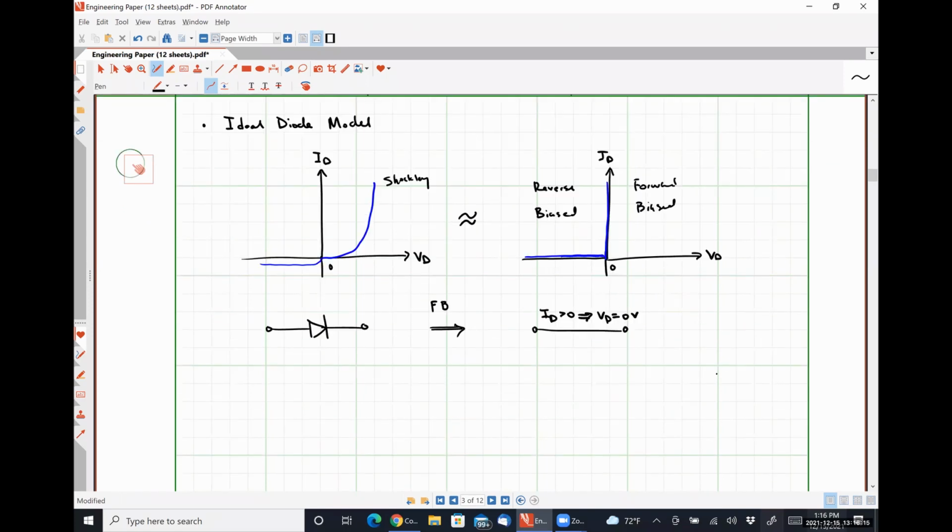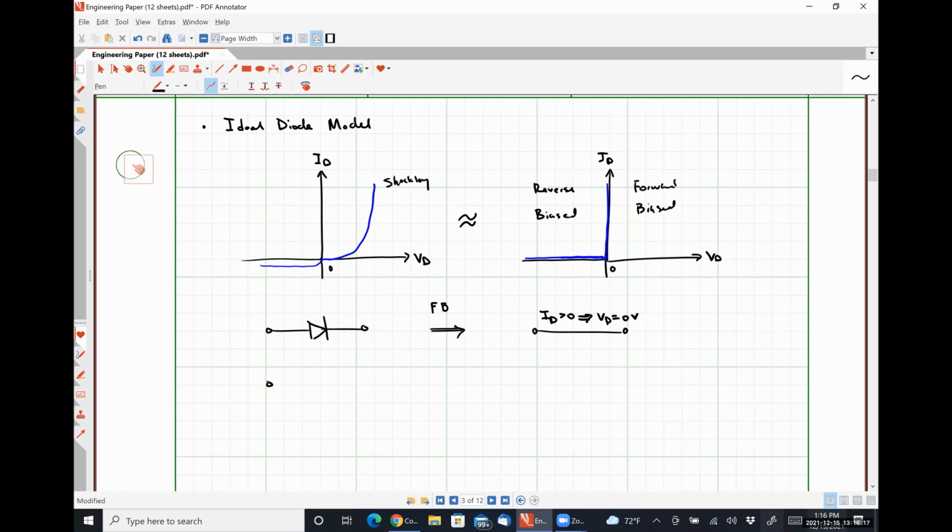And under reverse bias conditions, we use an open circuit. So we're saying that VD, our diode voltage, will be less than 0. Therefore, our diode current will be 0.